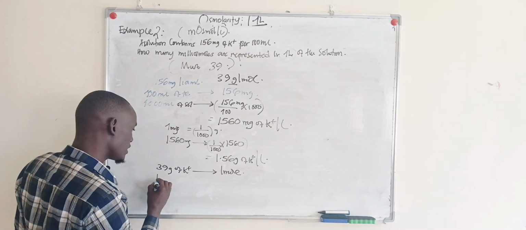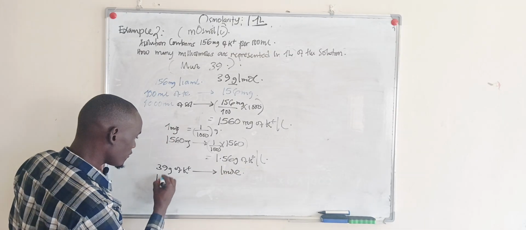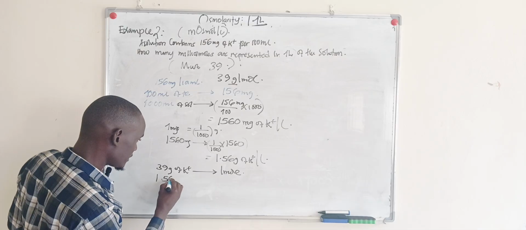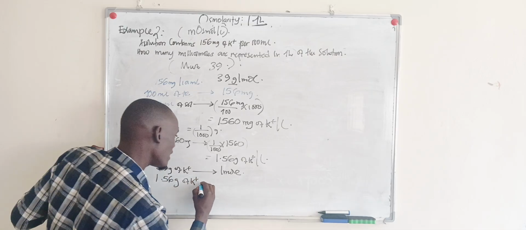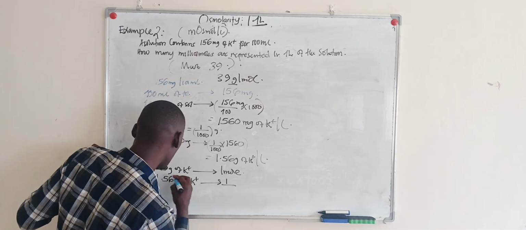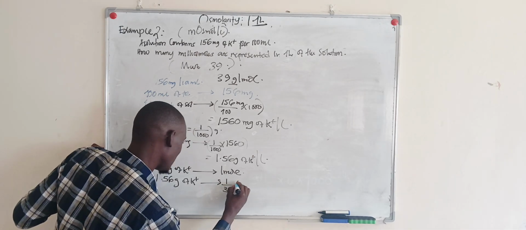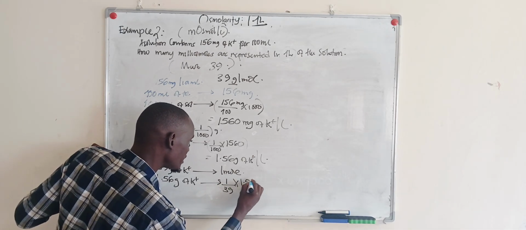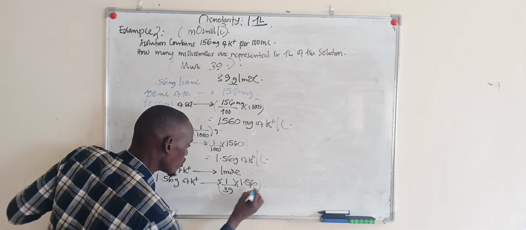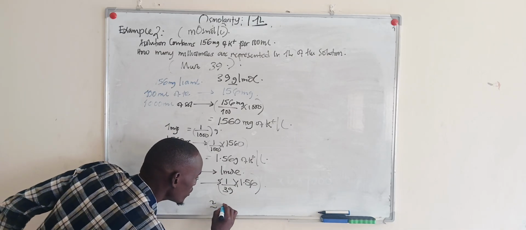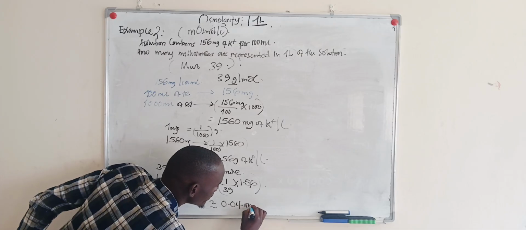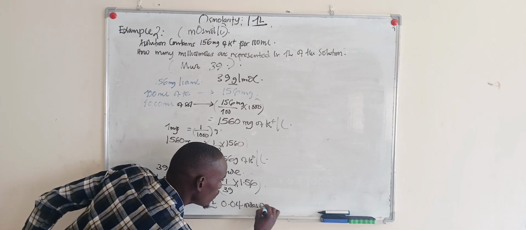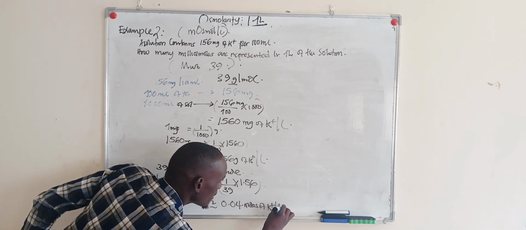How about the 1.56 grams of potassium ion? This will contain 1 out of 39 times 1.56. When you compute this, we shall get approximately 0.04 moles of potassium ion per liter.